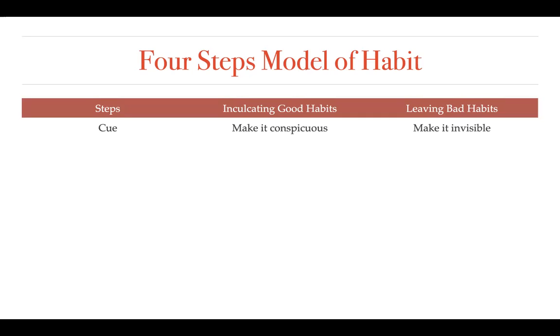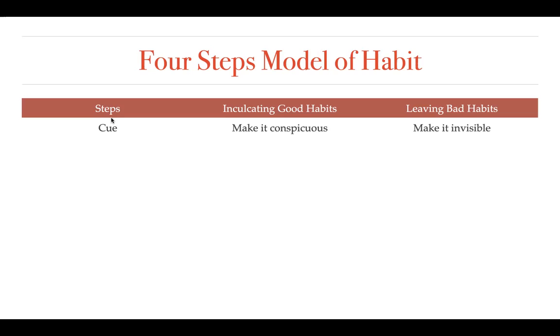Okay. So for example, cue is, let's say you want to learn the guitar. That's kind of an objective. So cue means a kind of objective. It's not exactly that, but it is related to that. If you keep hiding the guitar in your cupboard so that you're not able to see it, it's very unlikely that you will eventually start playing guitar. So you have to make it visible all the time, so that wherever you sit, you can always see the guitar.